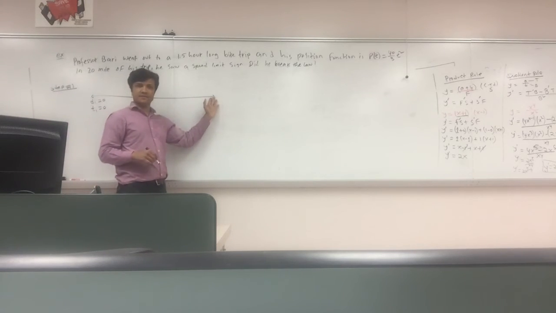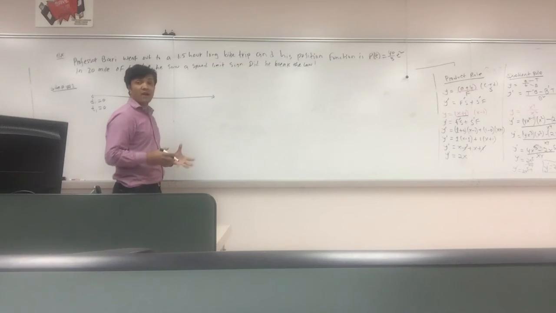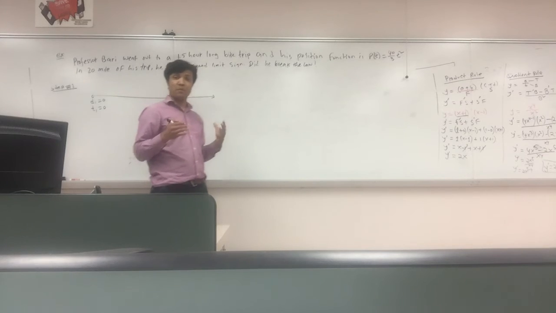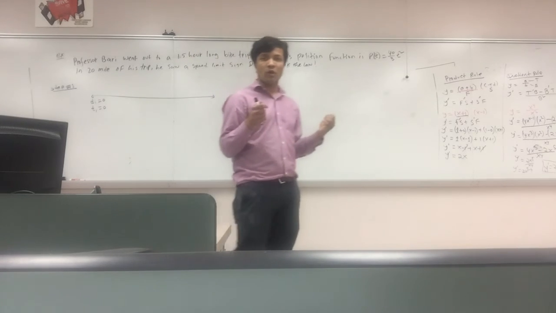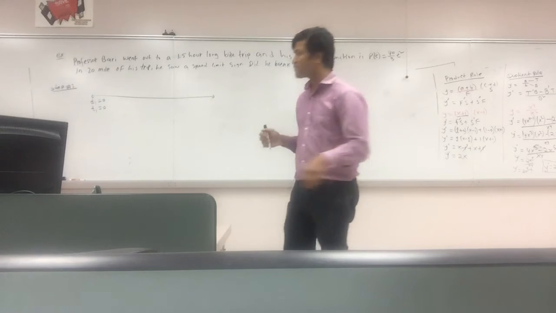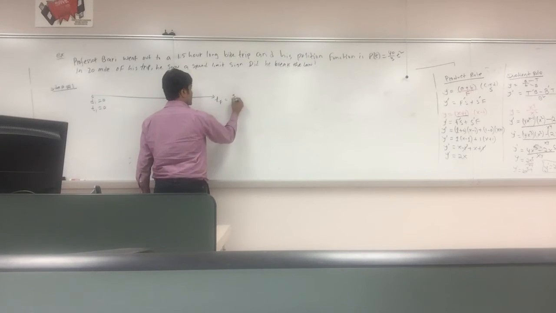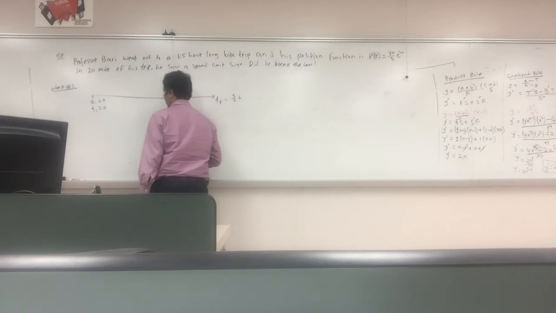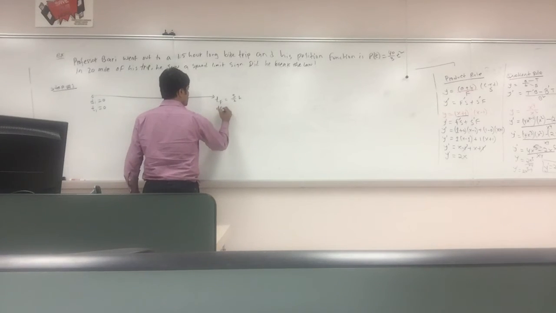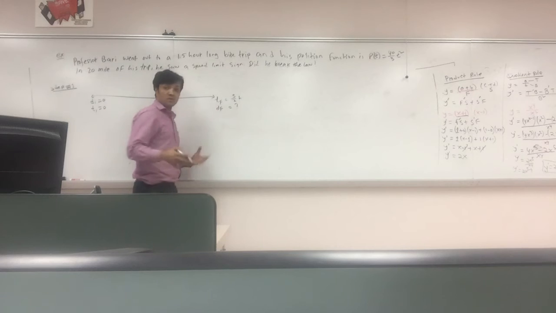At the end, the time is given as 1.5 hours. One and a half is 3/2. So t final is 3/2 hour, and d final we don't know, but we'll find out.